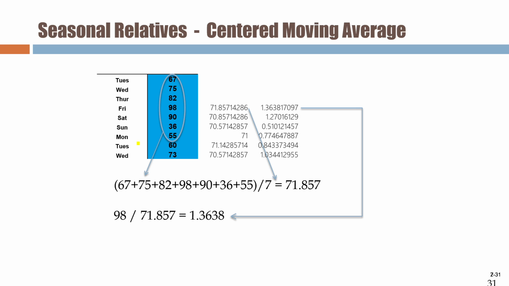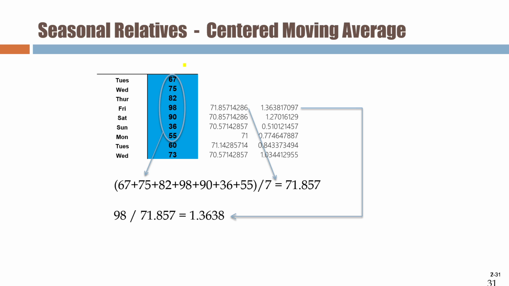That keeps repeating, but not exactly, because the number of customers is affected by a lot of different things. Not only the day of the week, but we're trying to capture what is repeating every week.